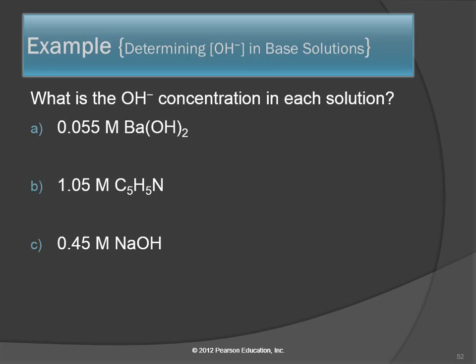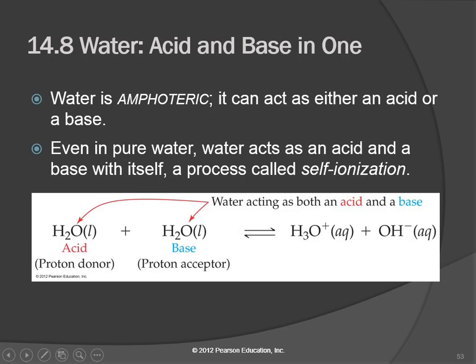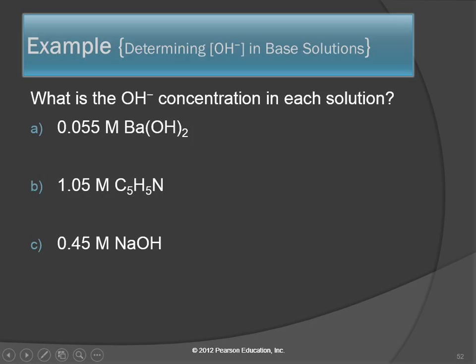I'm not going to trick you and give you something that's not soluble. So barium hydroxide is a strong base. What that means is when we put this in water, it's going to ionize completely.